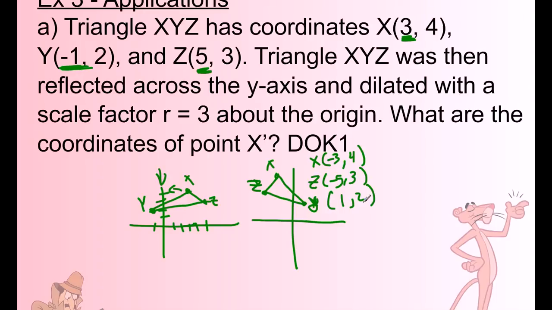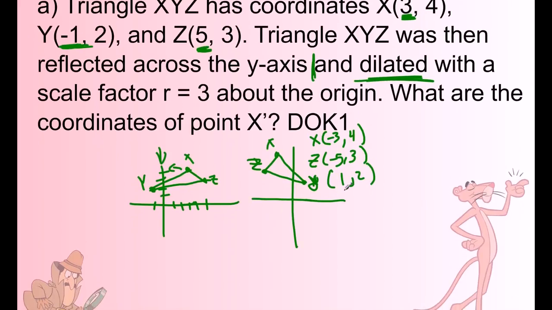That's the reflection. Now we need to talk about this dilation that happened. So this dilation with a scale factor of 3 about the origin. So there's the origin. So everything is going to be 3 times farther away than they are right now. So let's see.